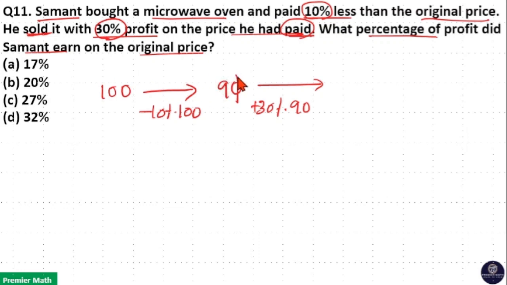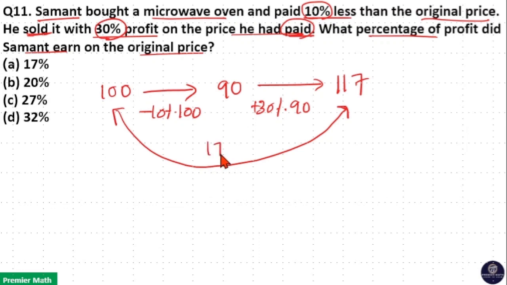That means he sold the same item for 90 plus 27, that is 117 rupees. That means total profit on the original price is 17%, because if original price is 100, he sold it for 117 rupees. Total 17 rupees more. So 17%. Option A is your answer.